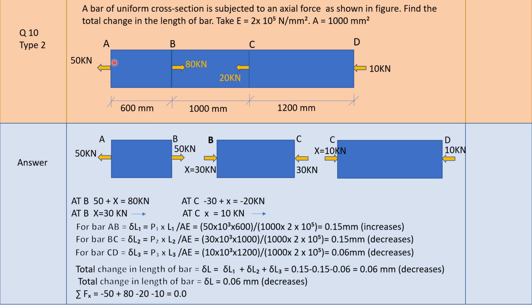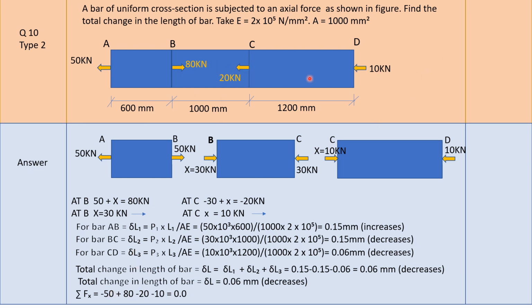Here if I do the total of 50, 30, 20 and 10, that is, if I do sigma Fx, then this 50 is in the negative x direction, so it is taken as minus 50. This is in positive x direction, so it is taken as plus 10. This is again in the negative x direction, so minus 20.